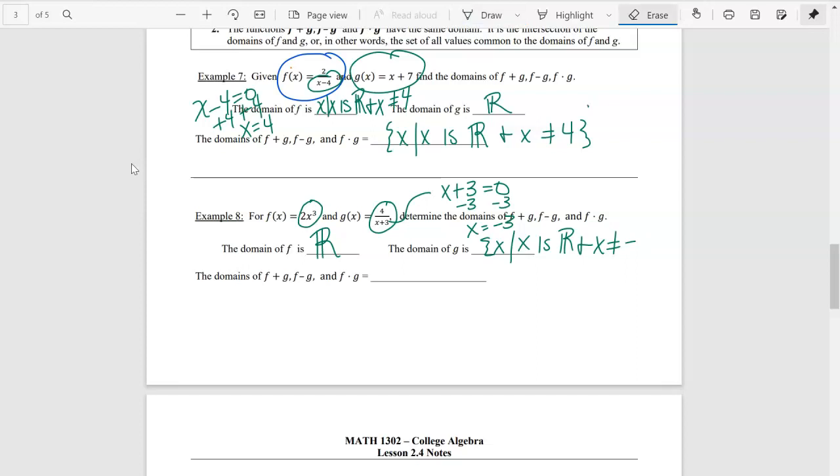Remember that we're not talking about division right now, but if you're adding or subtracting or multiplying, if it's a problem for one, it's a problem for both of them. So you're going to put the most restrictive definition.